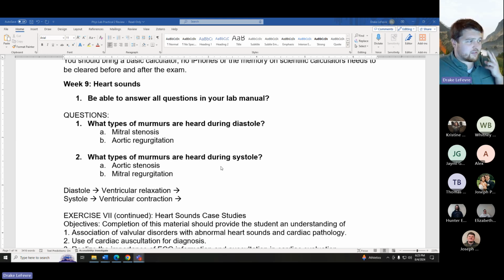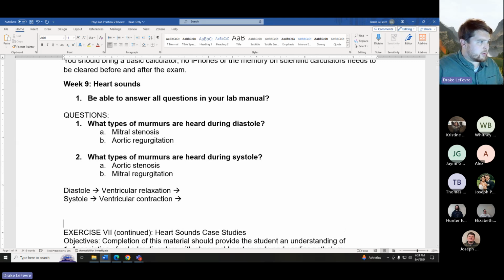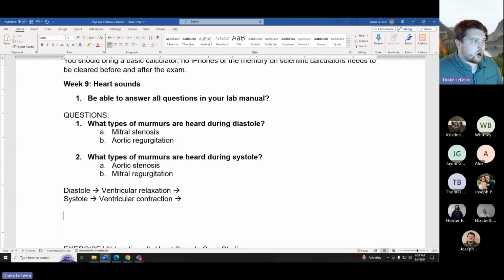So we essentially have two big things that can go wrong when we talk about murmurs and heart sounds. The ones that we test on are regurgitation or stenosis.